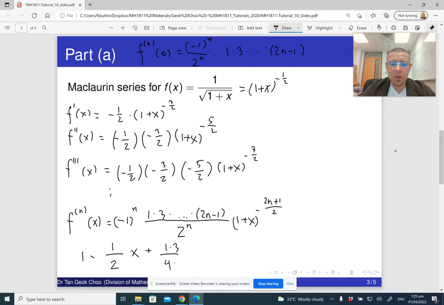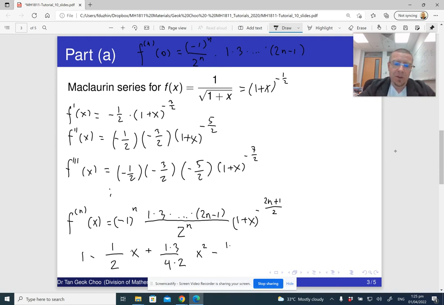And I've got to divide by 2, since now I'm writing down the Taylor series, so I need to divide by n factorial. So x to the n is divided by n factorial, right? So x squared. The signs are going to be alternating, so the next sign is going to be minus.